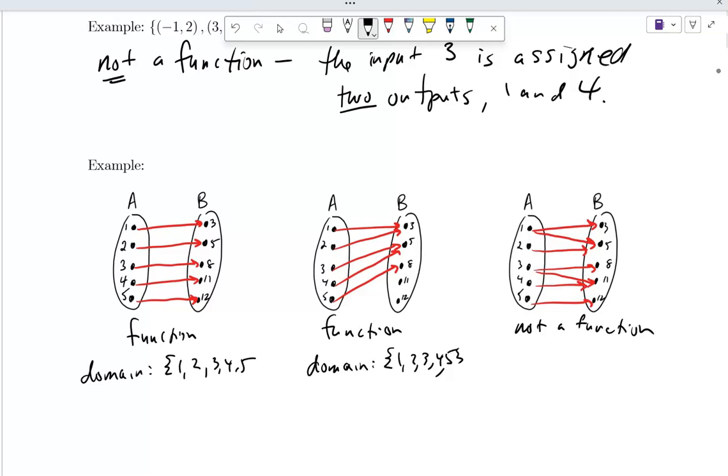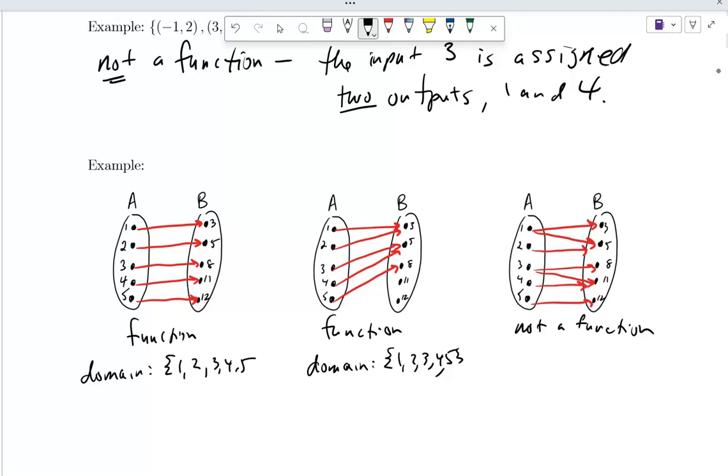When you say domain of a function, that means every single thing in that set is allowed to be plugged in. There's not anything that you can't plug in. We will be looking later on today for domains of functions that are written in what we refer to as function notation, which we'll do here in a second. We'll be looking for what are allowable inputs. What are we allowed to plug in? We'll identify the domain that way.